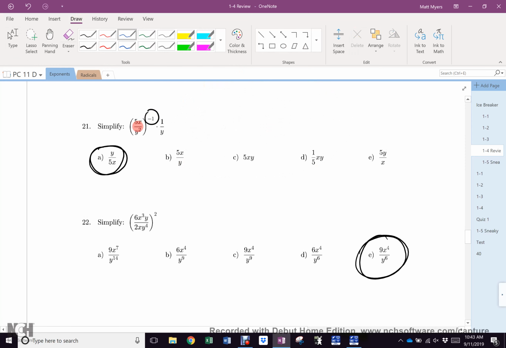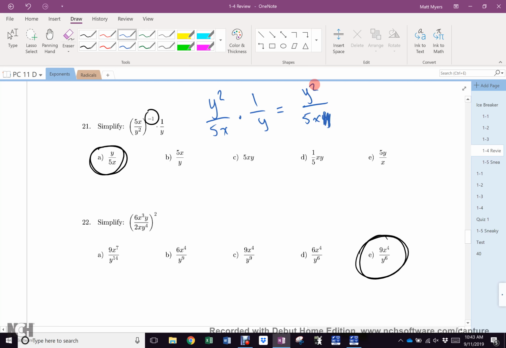So, what does that negative do to this base? It flips it over. Y squared, 5x times 1 over y. What is y squared times 1? Y squared. 5x times y, 5xy. 1y on the bottom, 2 y's on the top.